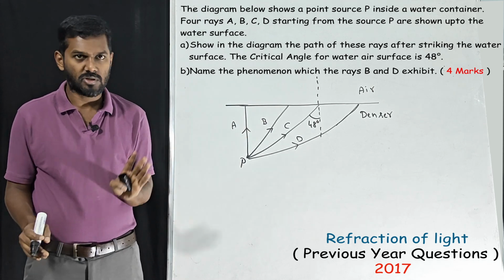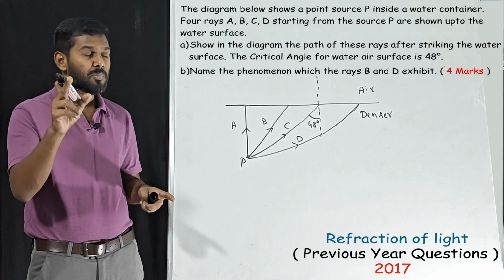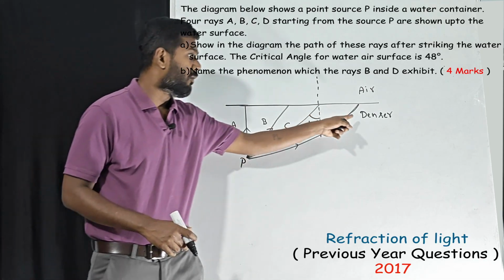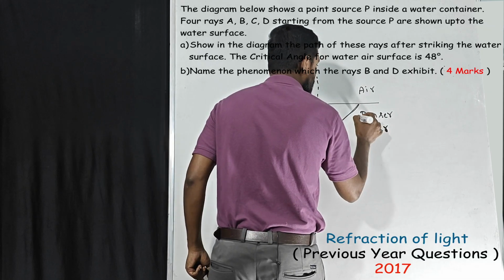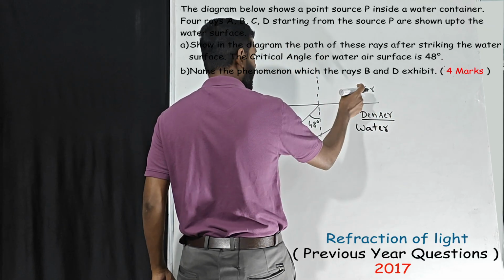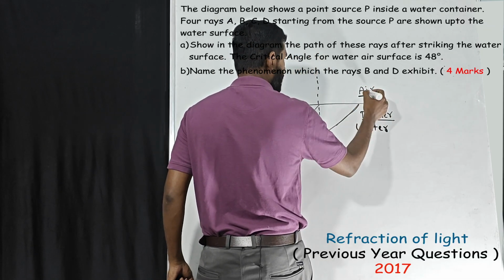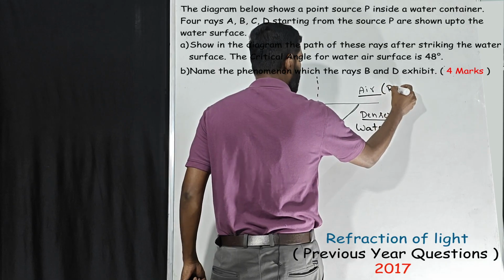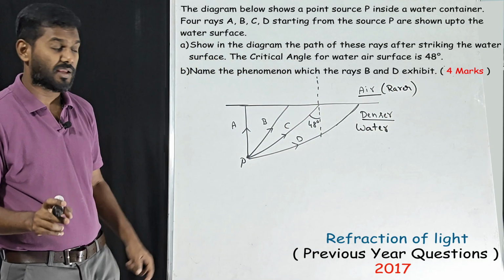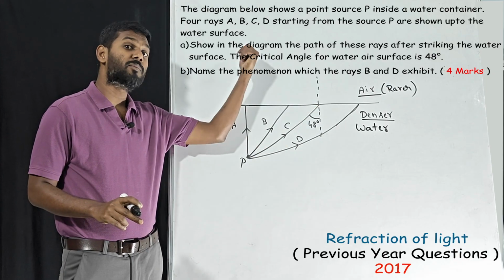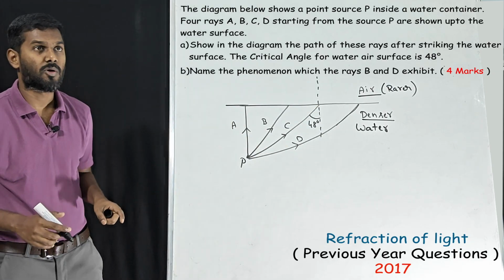That is what they have shown in the diagram. Now, an important thing is this is from water to air. Water is denser and air is rarer. Keep this in mind. So the light ray is coming from denser medium to rarer medium. This is very much important.